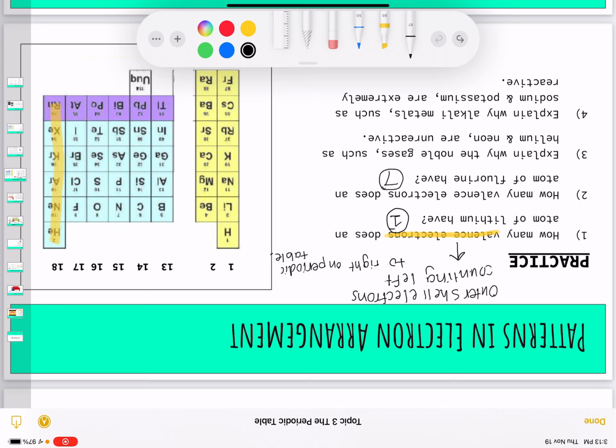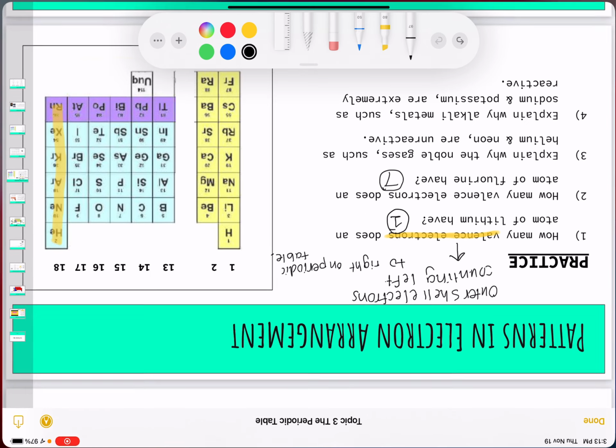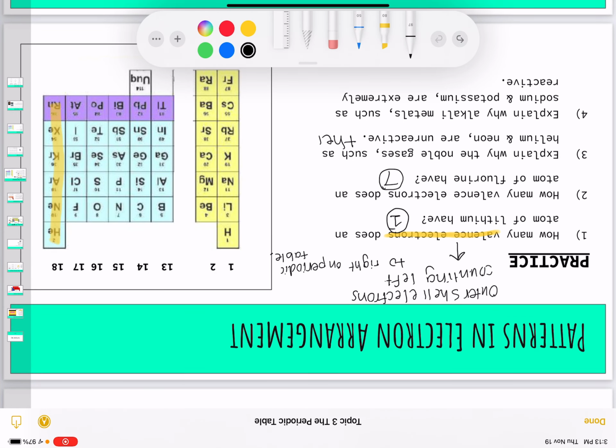The only reason elements actually react is because they want to share or steal from other elements so that they can have their energy level full. Well, these guys are already full, so they don't need anyone to help them out. So that's why they are unreactive. So I'm going to say their valence shell is full.